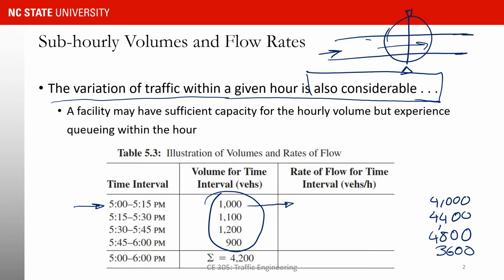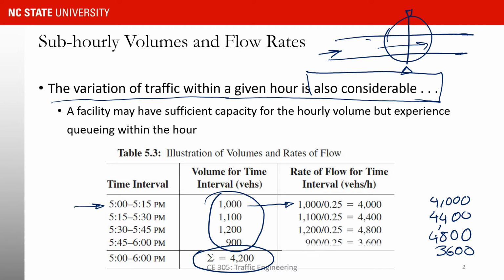Now the total number of vehicles that want to go through is 4,200, right? And I have 4,000, 4,400, 4,800, and 3,600 that, if I convert those volumes to hourly rates, want to go through the facility.